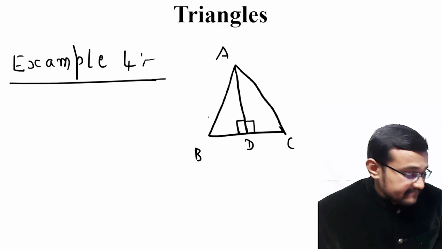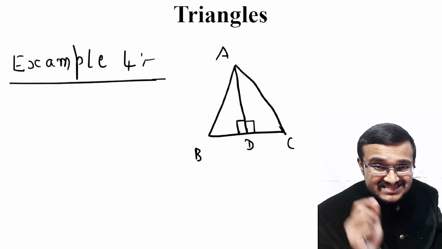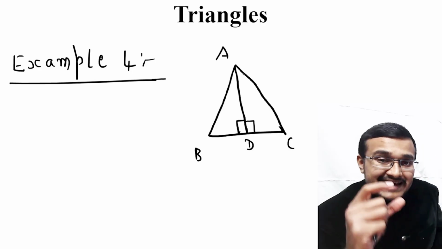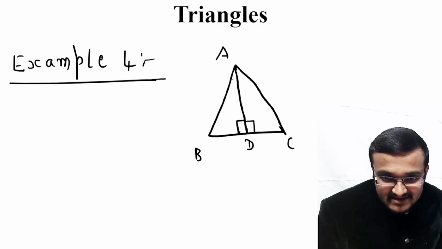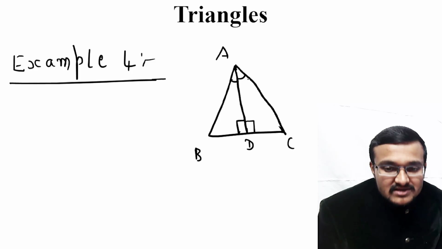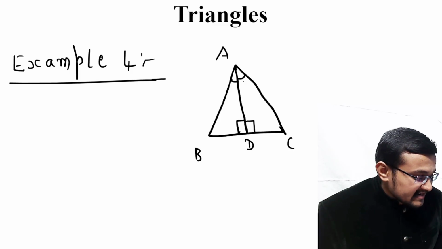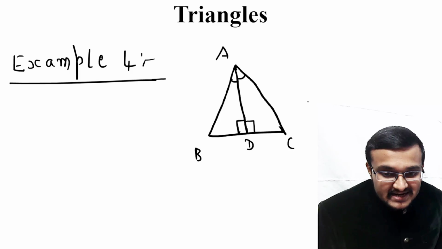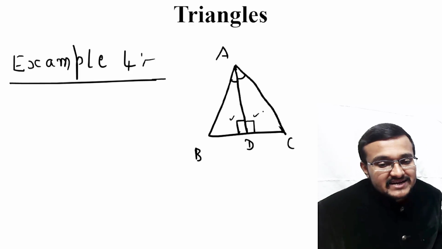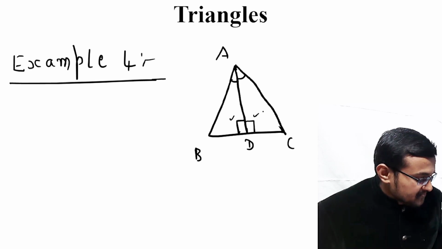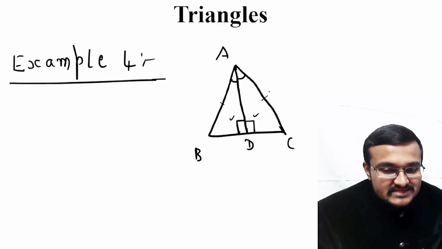This point is D. Now in the question, what they have given is, in triangle ABC, AD acts as the bisector of angle A. So this angle will be equal to this particular angle. And they have also given that AD is perpendicular to side BC. So this angle is equal to 90 degrees and this angle will also be equal to 90 degrees, because BC is a straight line. Now we have to show that AB is equal to AC.